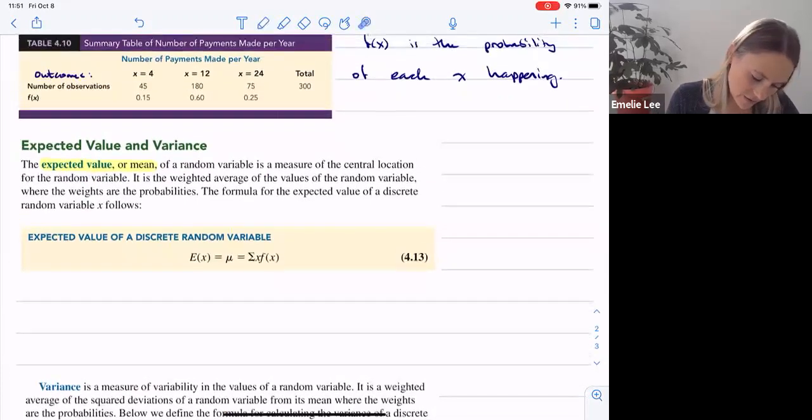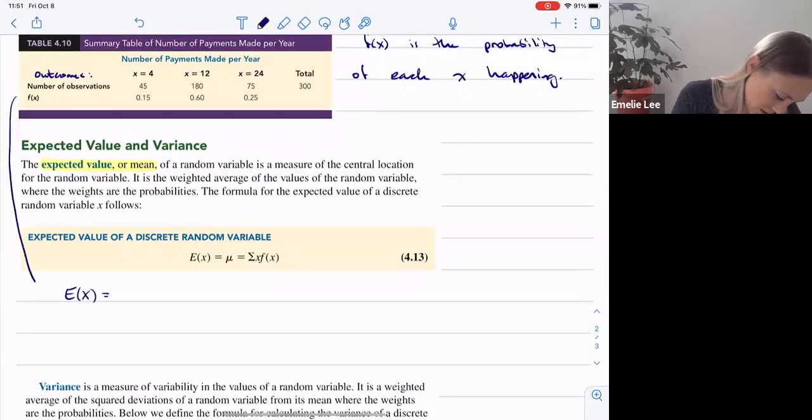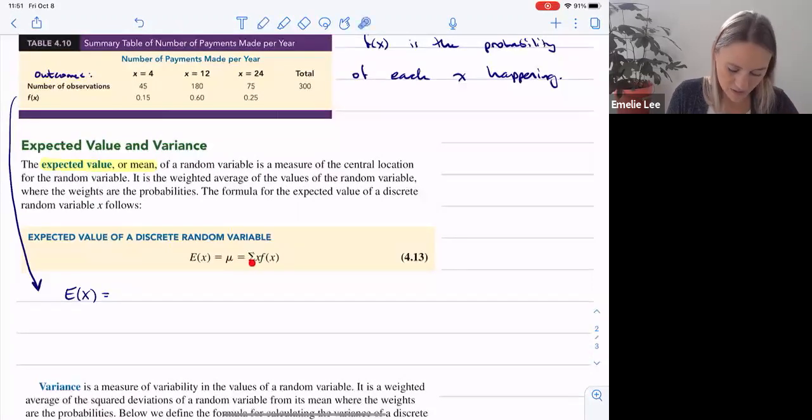Here, if x is the number of payments made per year and I want to find the expected value of x, that's the sum of each x times the probability of that x happening, and that's f of x.